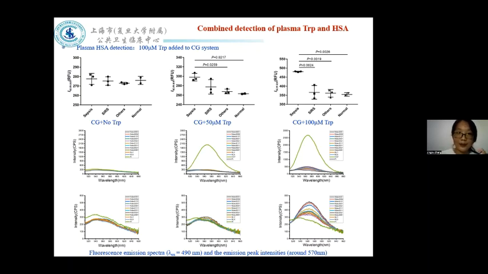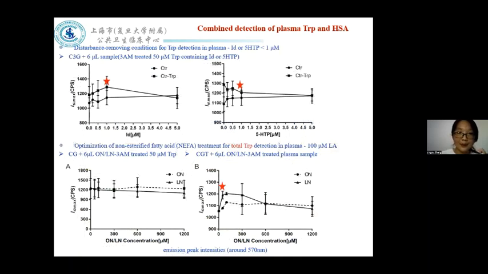Therefore, this concentration was determined as the final HSA detection condition. And the plasma tryptophan detection system was also optimized.